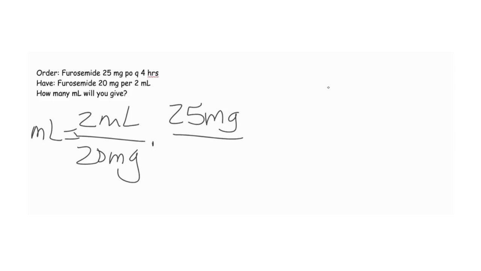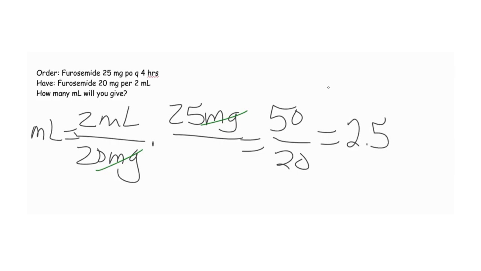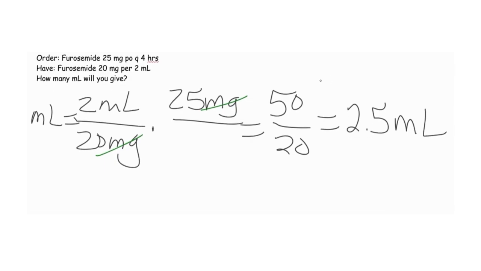We are good to go to solve because we are able to cancel out milligrams and leave milliliters. So 2 times 25 is 50. 20 times 1 is 20. 50 divided by 20 is 2.5 milliliters. That's how many milliliters we are going to give.